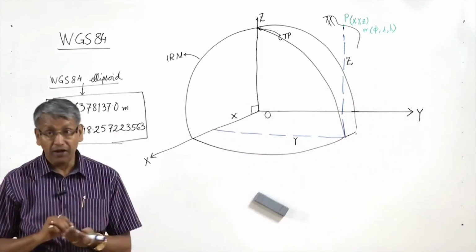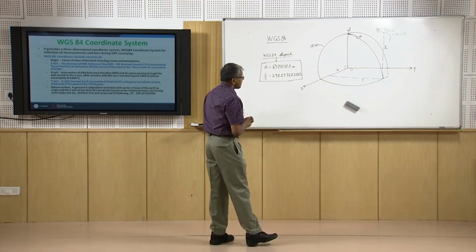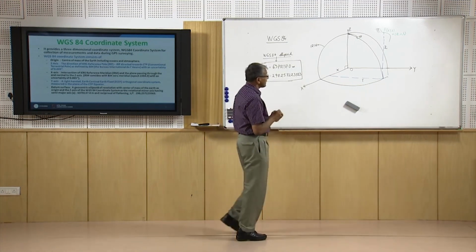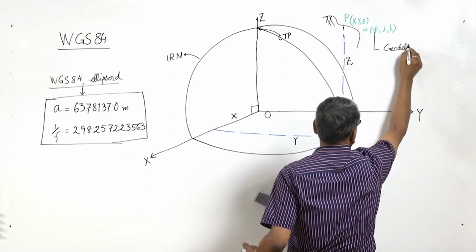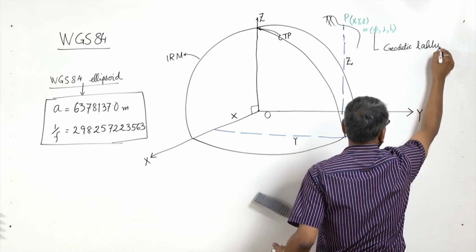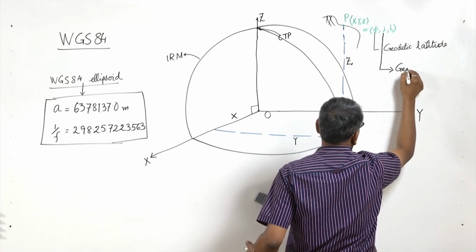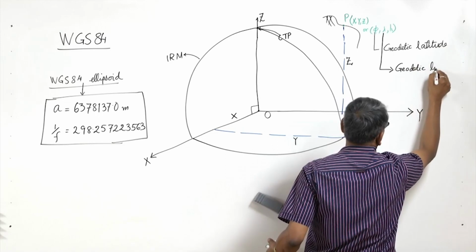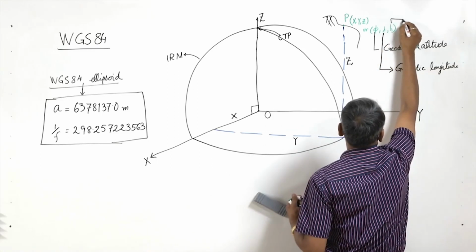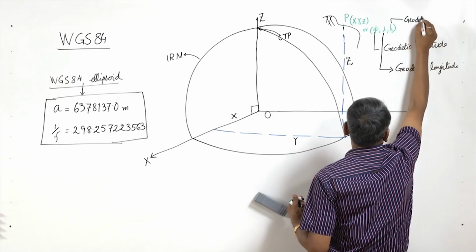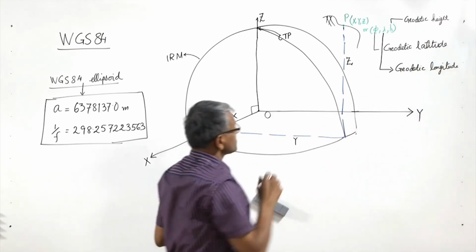So in this way we define the Cartesian coordinate of the point P. Now for the geodetic coordinates phi, lambda, h: phi is the geodetic latitude, lambda is the geodetic longitude, and h is the geodetic height, also known as the ellipsoidal height.